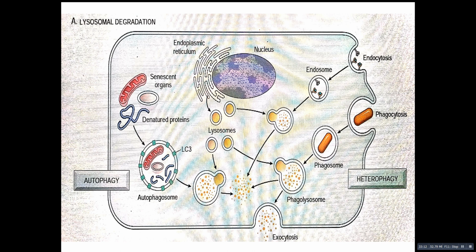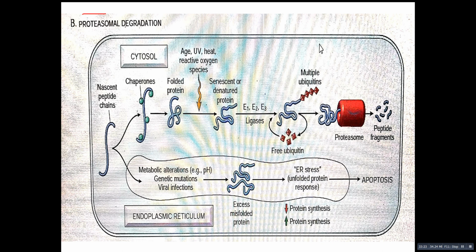All the proteins which are senescent, like when some organ or organelle inside the cell has become senescent, it gives off some proteins. Any kind of denatured protein, maybe because of UV rays or any other factor, which has got denatured.